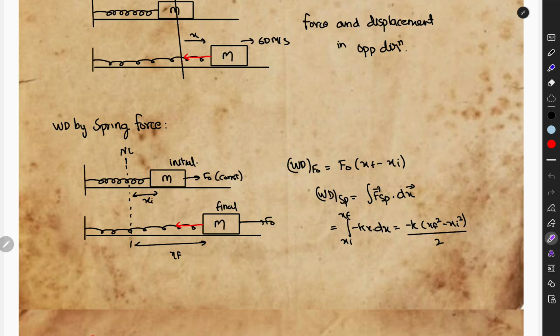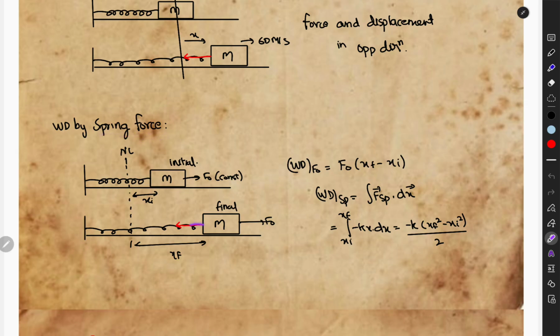So basically let's take a case, and let's say here is the natural length and the initial extension is x initial, and a constant F naught is applied. This is not required if the question asks for the work done by the spring force, because we need to take only the force which the spring makes.